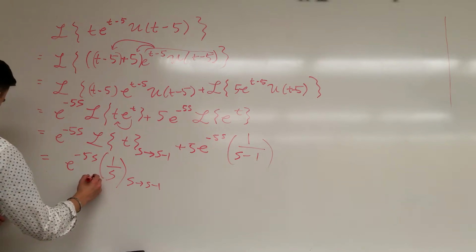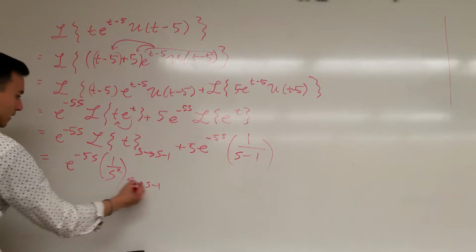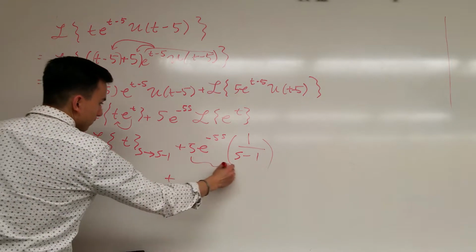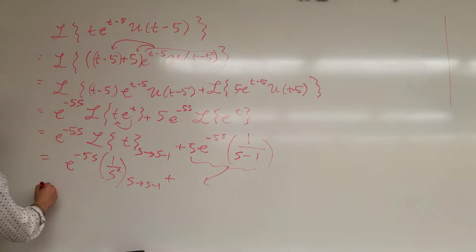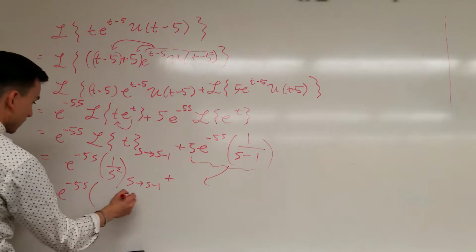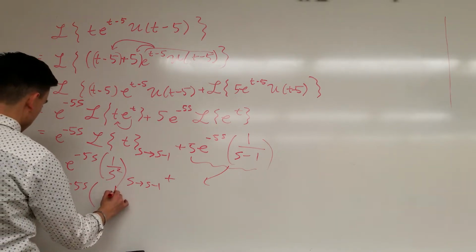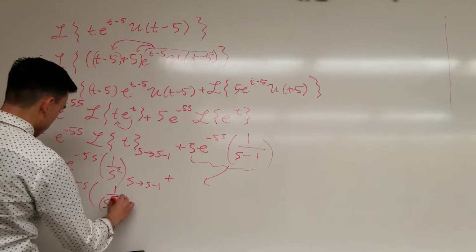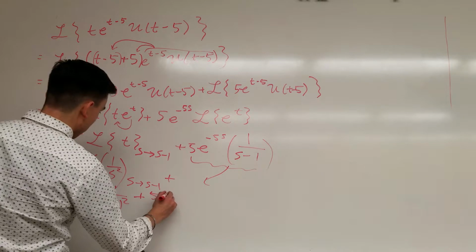So s squared, I'm sorry, plus all that. And then I have e to the negative 5. We put that s minus 1 into those s's. Plus 5.